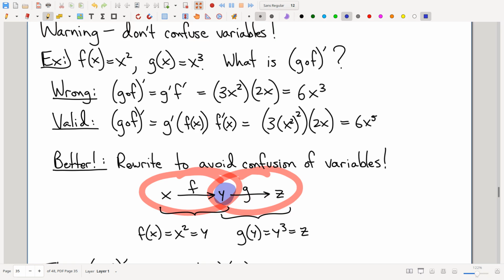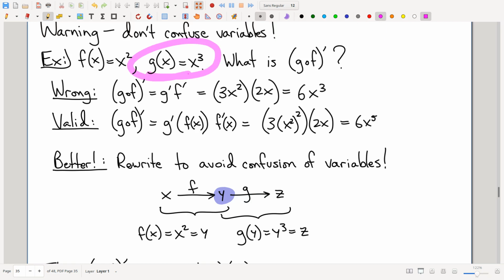It acts on y, whatever the output from f is, not the input to f. So don't call this x. That's literally a confusion of variables. You're going to confuse yourself. You're going to screw this up. It's just going to happen. And so much easier to just call this y instead. Let's realize that that means that I need to rewrite this function.